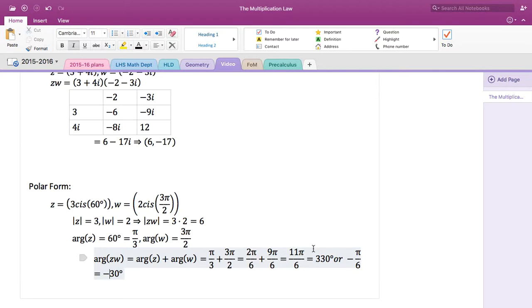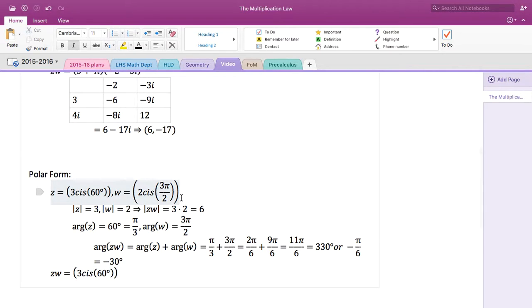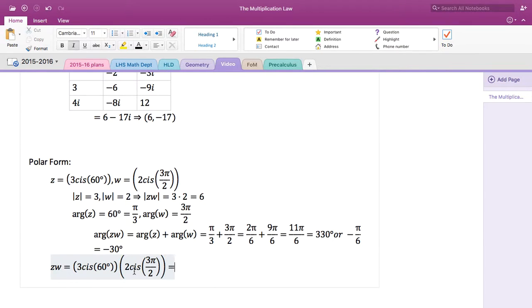So the complex number zw, z times w, which is 3 CIS 60 degrees times 2 CIS 3 pi over 2, should be 6 CIS 11 pi over 6.